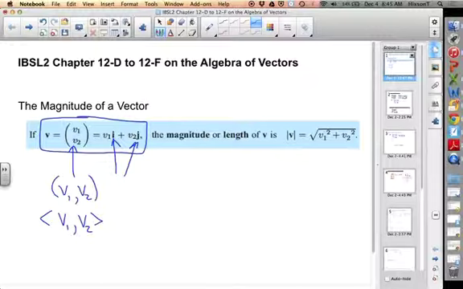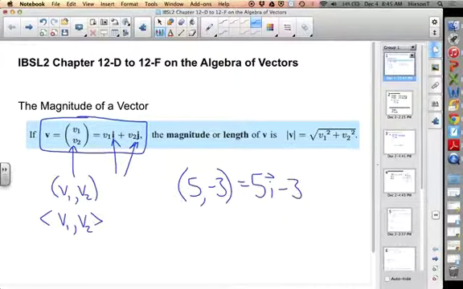Now, when we're talking about component vectors, say when we have a vector 5, -3, or we could write that as 5i minus 3j, both of those give us the same vector.